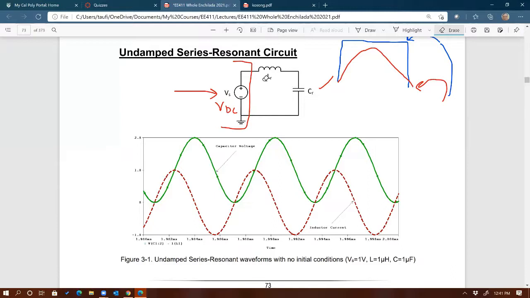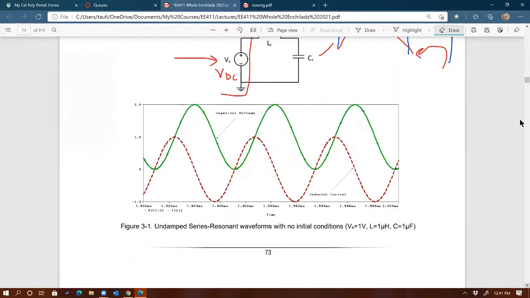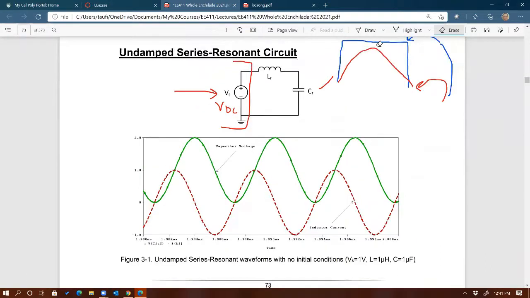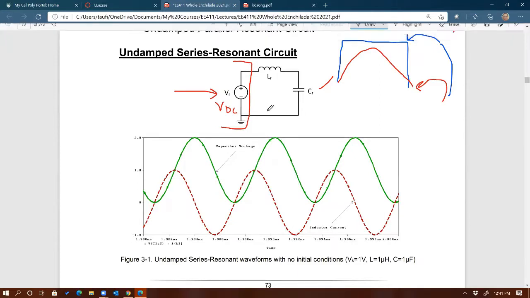It's not going to be flat current. It's going to be back and forth, back and forth. If you derive the mathematical equation, which I will pretty soon, it turns out that the current in this circuit, as you learned from 212, is going to be sinusoidal. It's going to follow a sinusoidal shape. At what frequency? Do you remember?